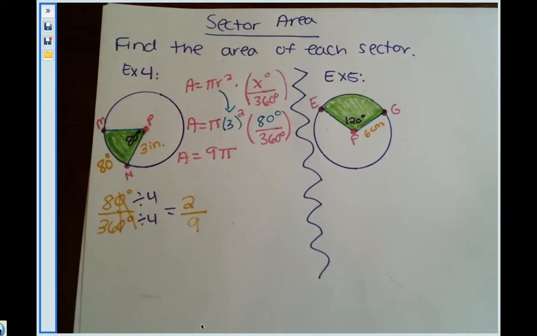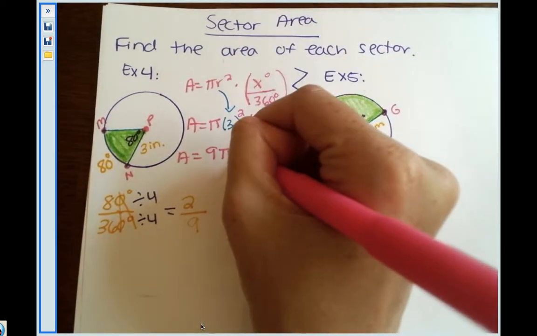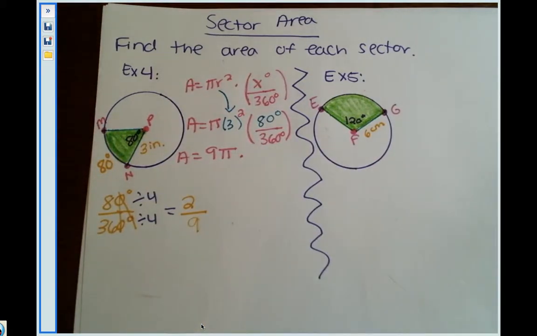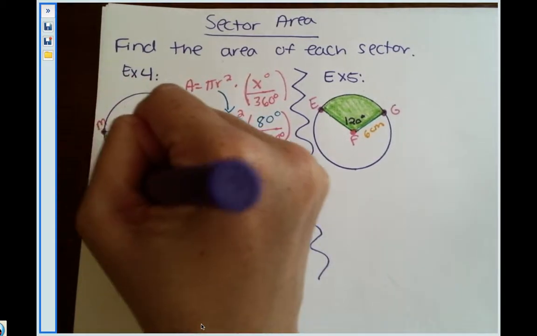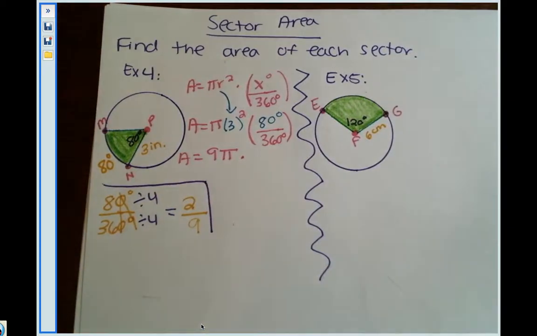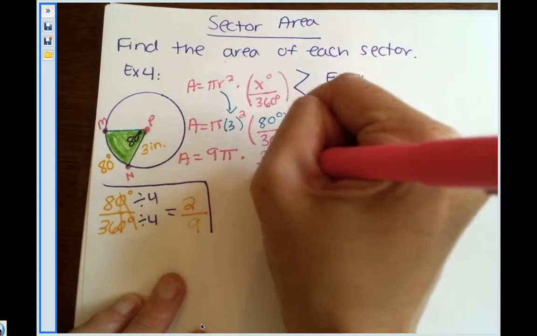So this is simply 2/9. I'm dealing with 2/9 of the area of the circle. So I'm going to multiply 9 pi times 2/9. I'm going to box this off just so things don't get complicated if I happen to move my way down there. So 9 pi times 2 over 9.